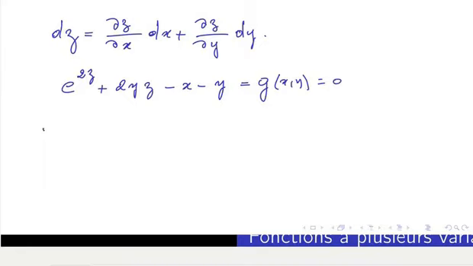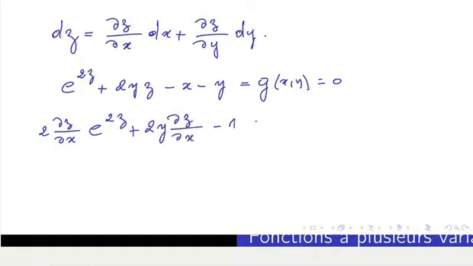By differentiating with respect to x, we obtain the derivative of z with respect to x times exponential of z, since z is a function of x, y, plus 2y times the derivative of z with respect to x, and minus 1 equals 0.